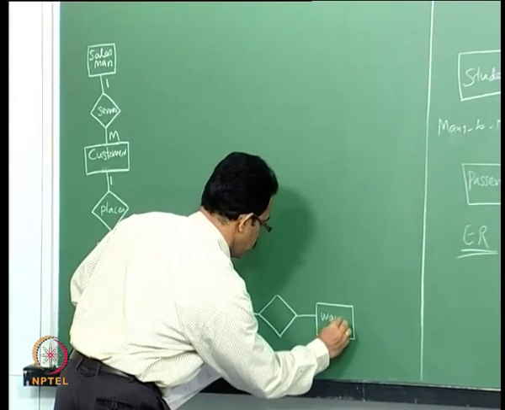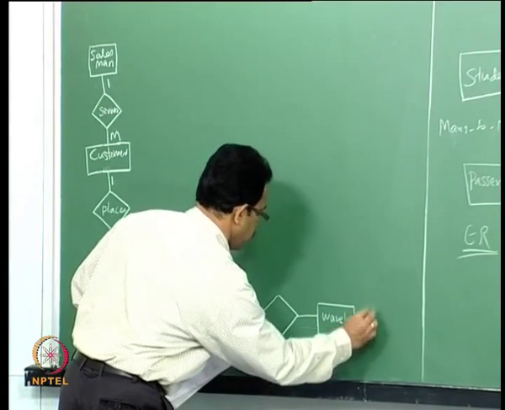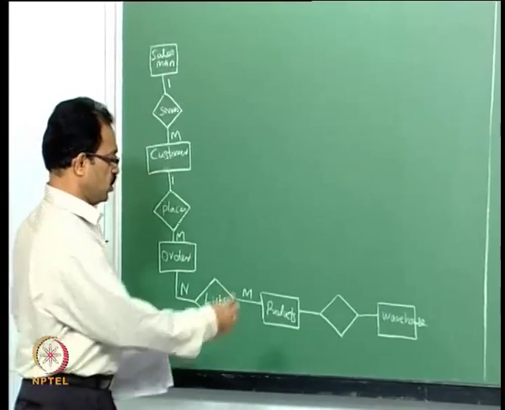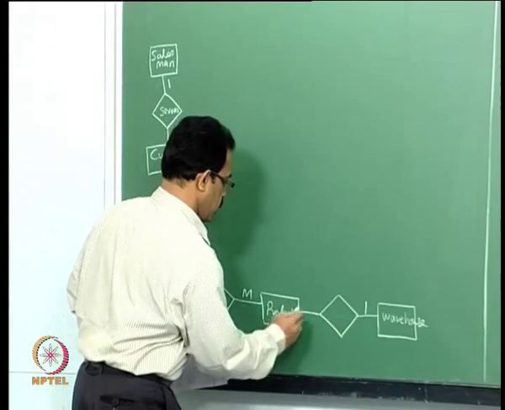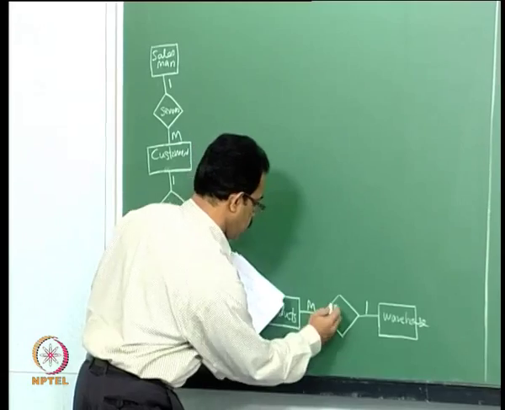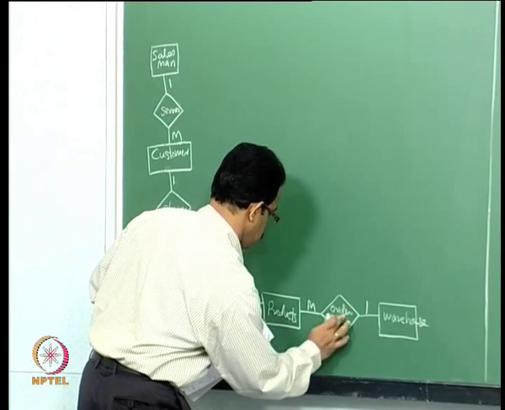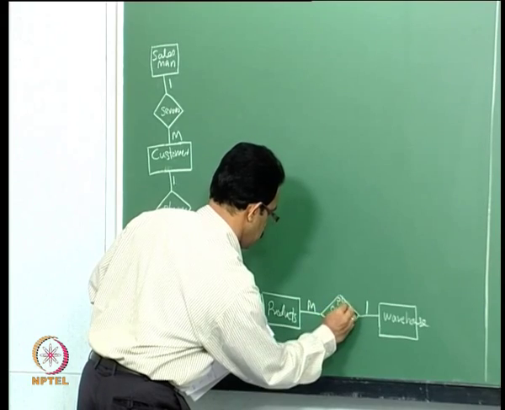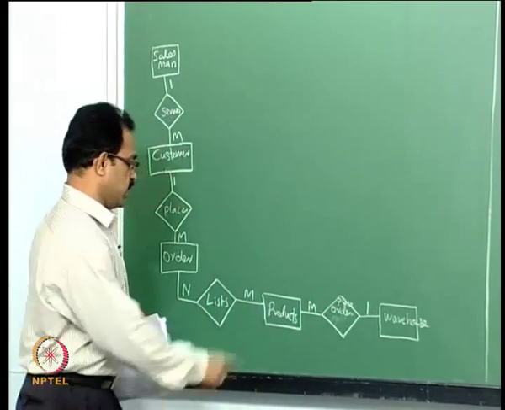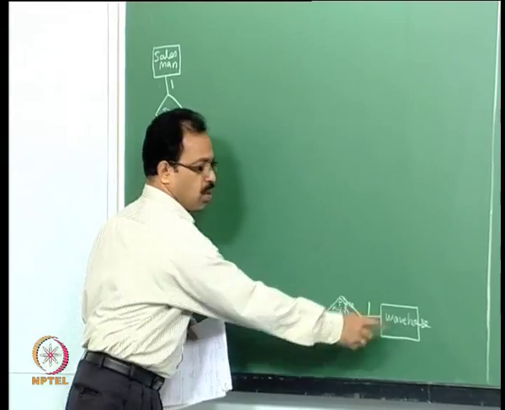So, all these lists will go to the warehouse. You will be having one warehouse where the items are stored, one warehouse with m products, and then the order is placed. So, for the m products, the order will be placed to one warehouse.